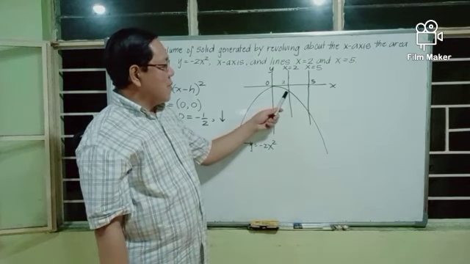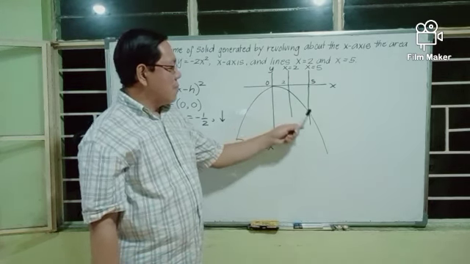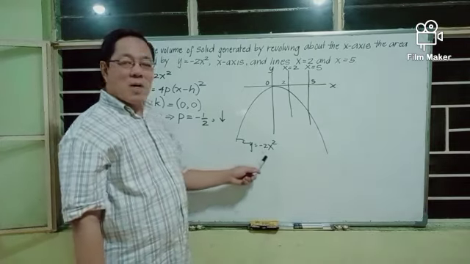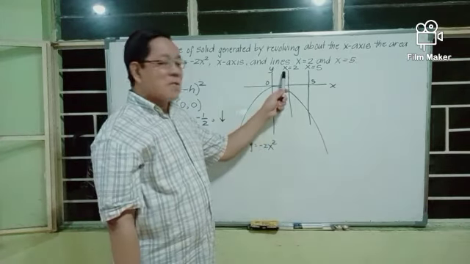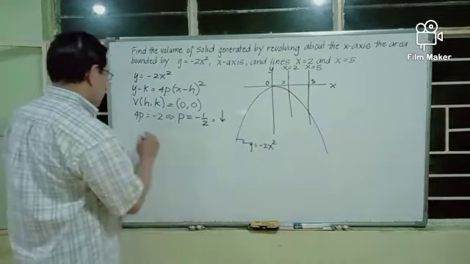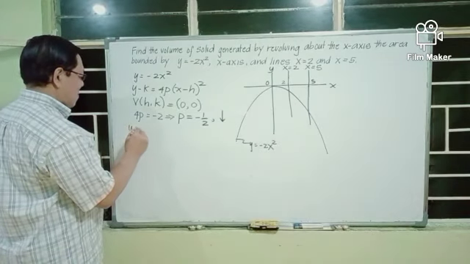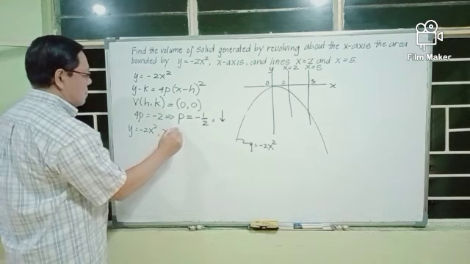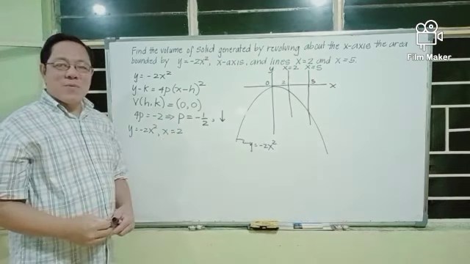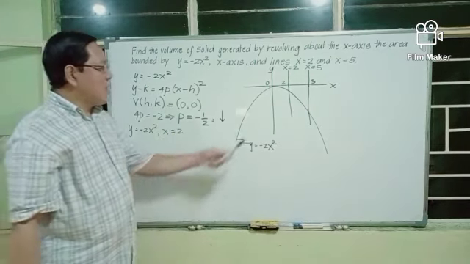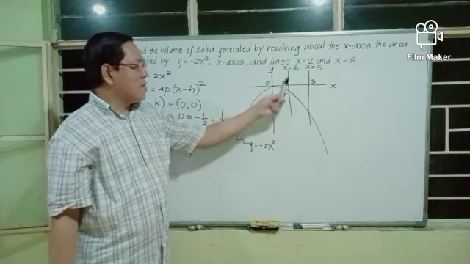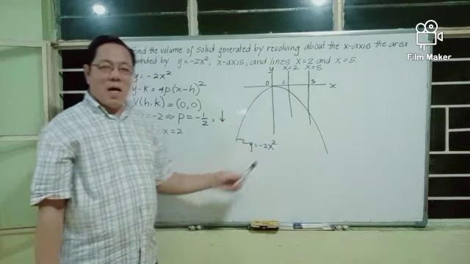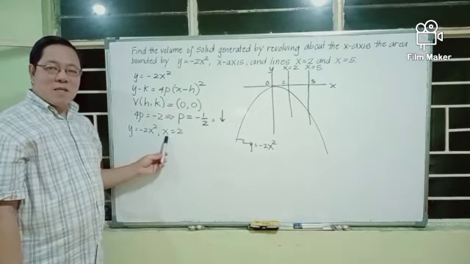At this point, we have the intersection of the parabola with the equation y equals negative 2x squared and x equals 2. Hence, we already know the abscissa of this point of intersection, and that value of x is 2.